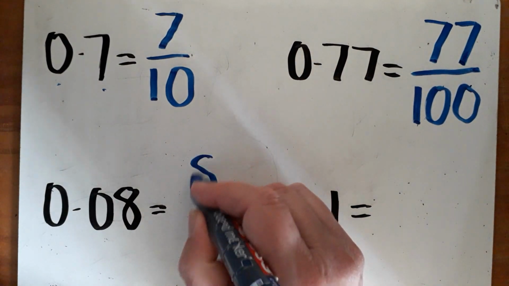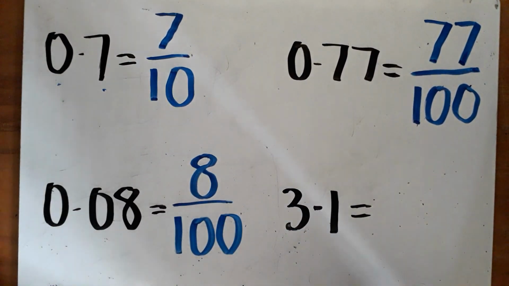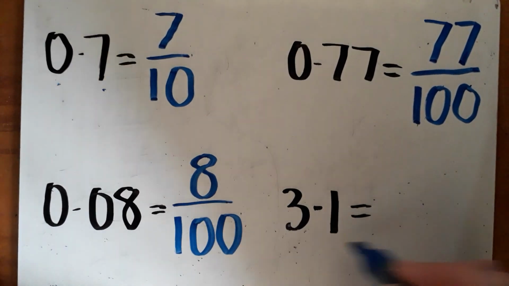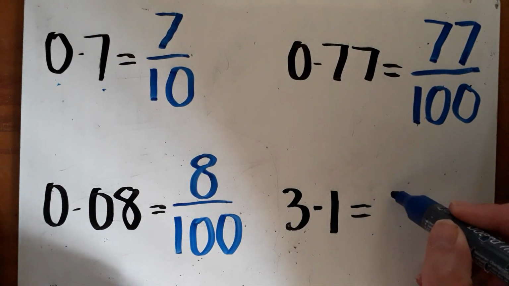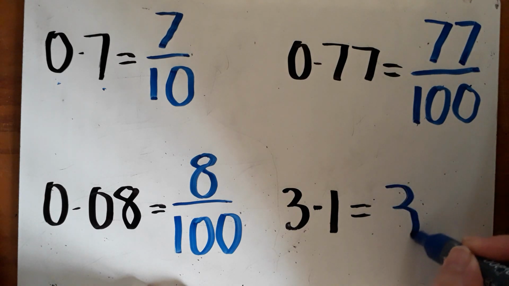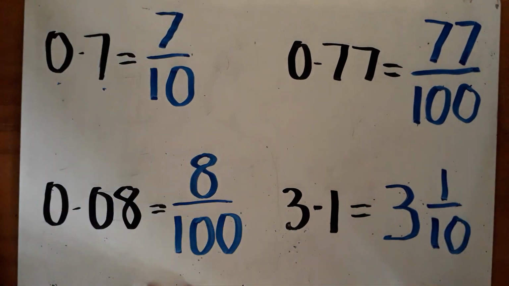So that's just written as 8/100. And then in the last one, 3.1, we have a 3 in the ones. So we've got 3 whole ones and a 1 in the tenths. So we would write this as a mixed number. So it has 3 and 1/10.